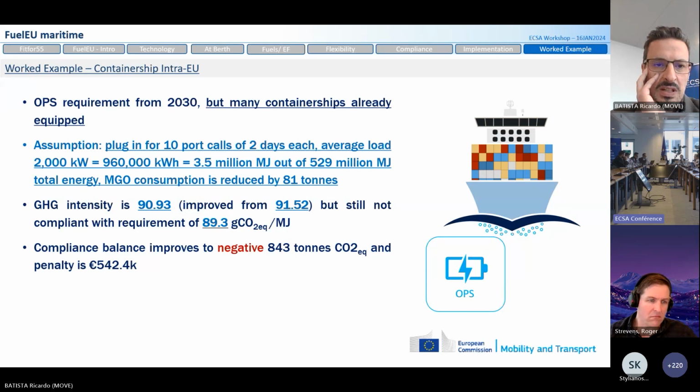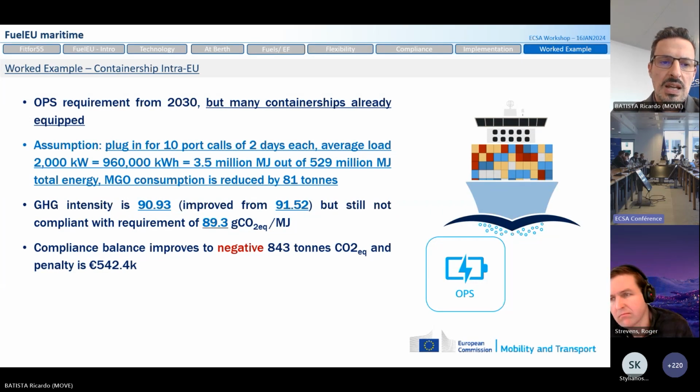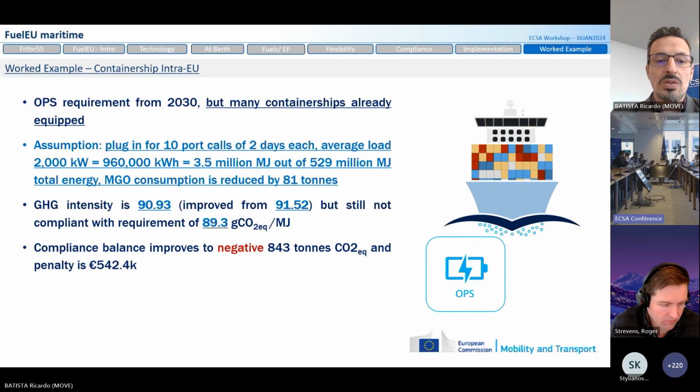For this specific ship, let's assume it plugs in for 10 port calls and 2 days per port call, with an average load of 2,000 kilowatts in terms of power demand at berth, from which we can calculate the energy used and the reduction in associated marine gas oil consumption as well. So we have shore power energy used, reduction in the consumption of marine gas oil in auxiliary engines, and we can calculate a greenhouse gas intensity reduction.